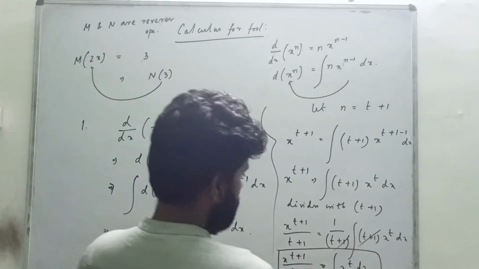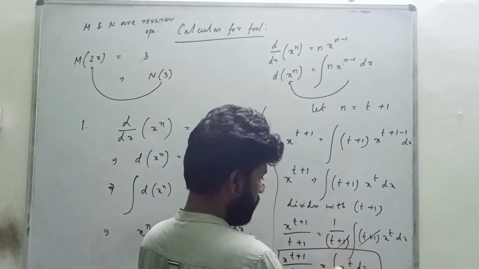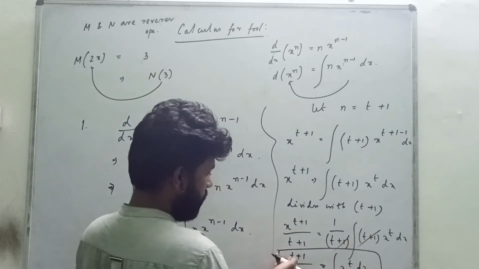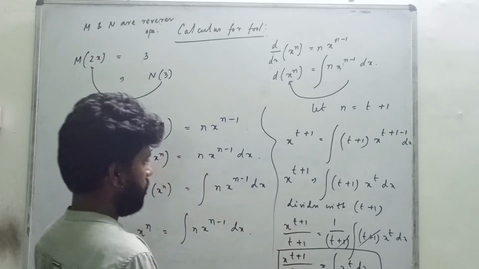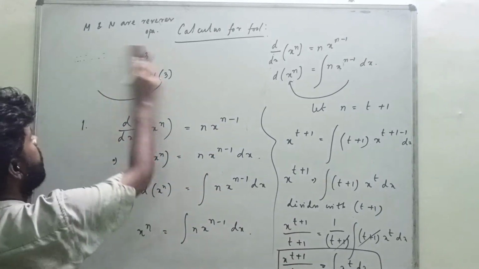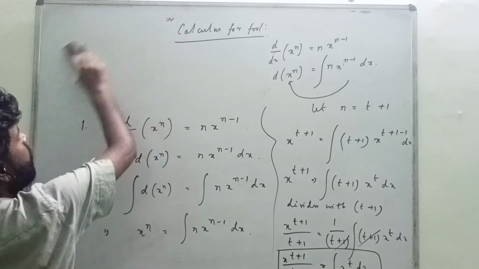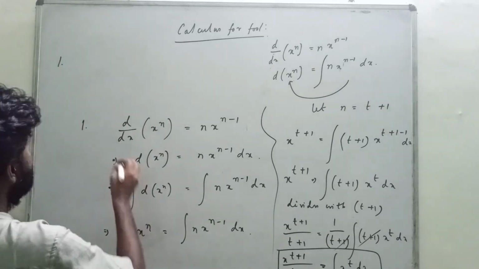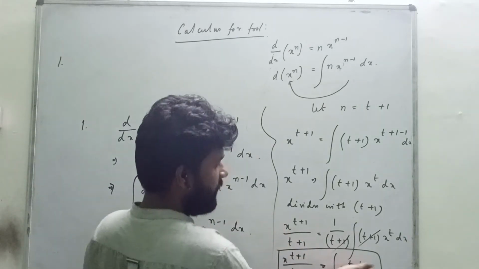The integral of x^t dx gives x^(t+1) over t plus 1. So that is number 1 formula of the sum of, and here is a dummy case, right?